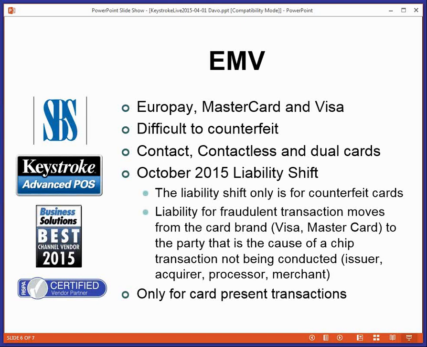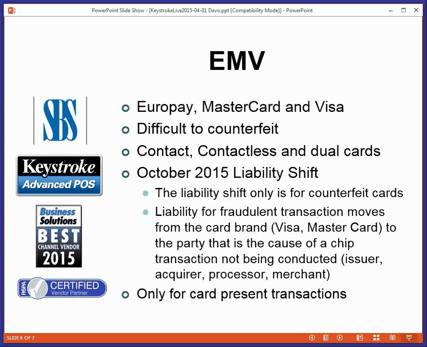So what the EMV liability shift in October is for is if a customer comes into a merchant store with a counterfeit card and you accept that transaction and it gets processed not using EMV hardware, the card issuer, acquirer, or processor is liable for that transaction rather than the card brand, Visa, MasterCard, Discover. That's the actual definition of the shift.